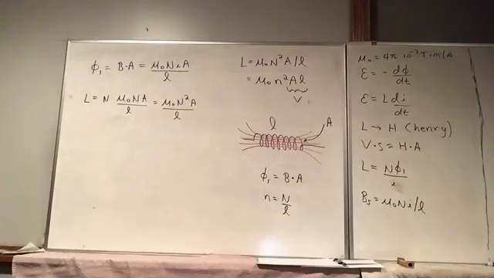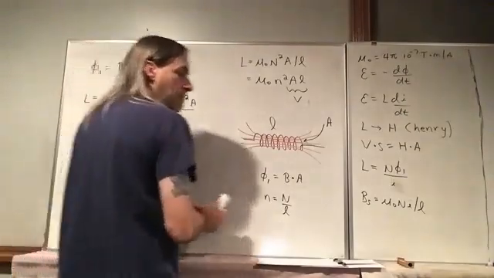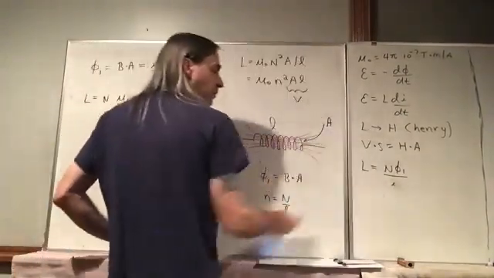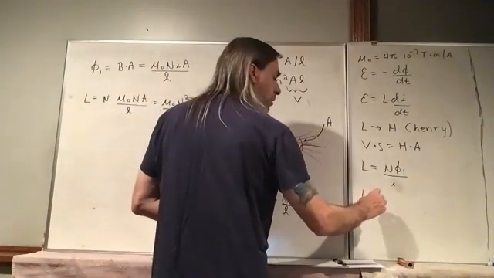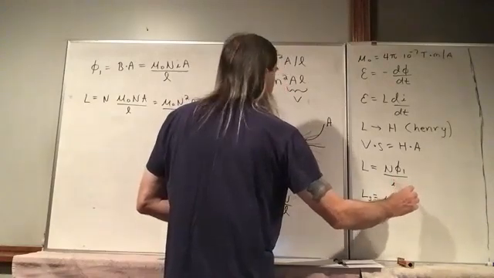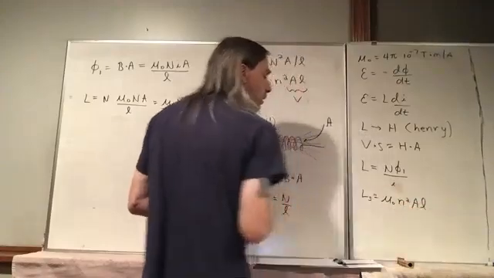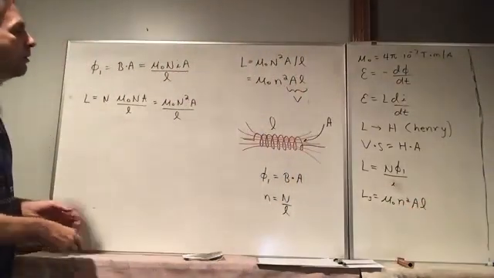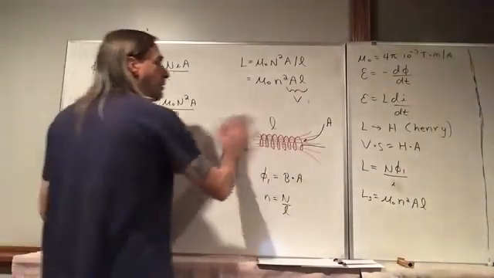Now there's one other device we can find. I'm going to write just one version for a solenoid. So the inductance of a solenoid, and maybe we should actually calculate that.